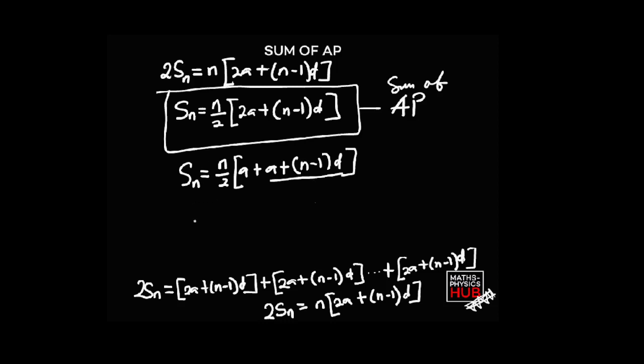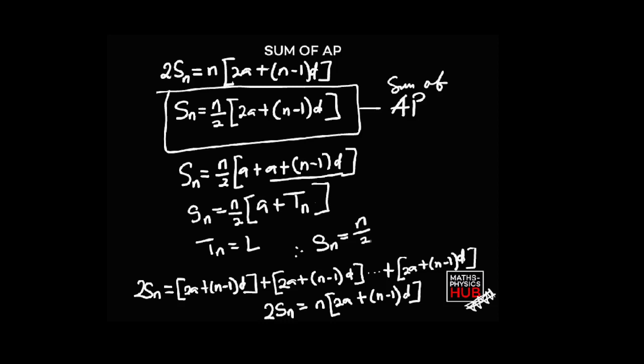So it means I can rewrite this as Sn equals n over 2 into bracket a plus t sub n. Now, if t sub n is the last term of the sequence, then the sum of the sequence is equal to n over 2 into bracket a plus the last term.